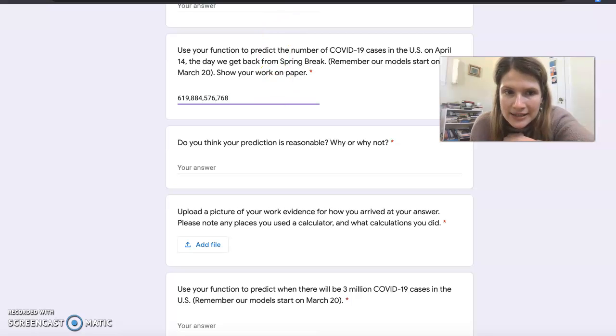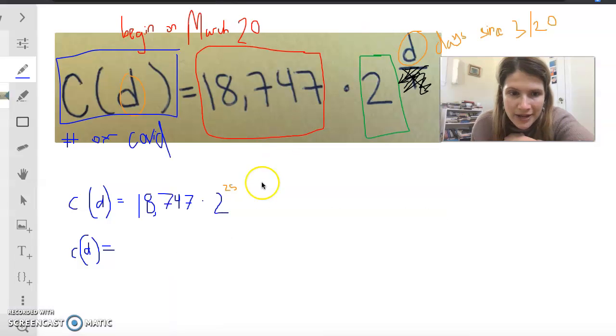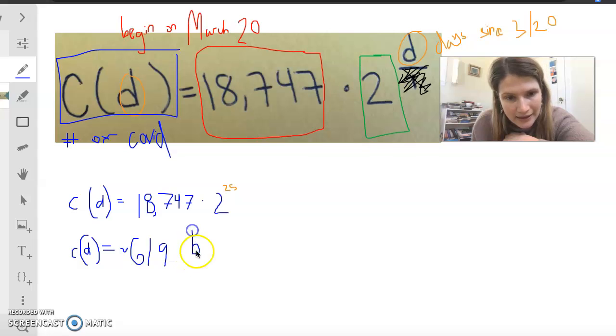Okay, and I'm just going to write that into my final answer here. It's going to end up being about 619 billion cases.